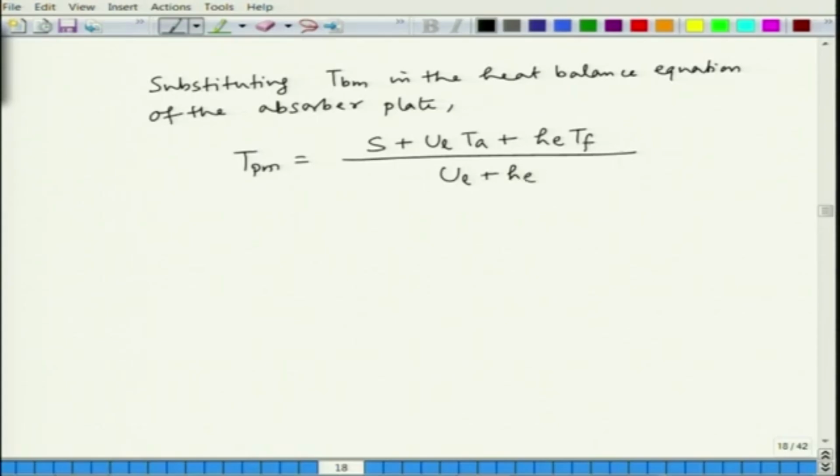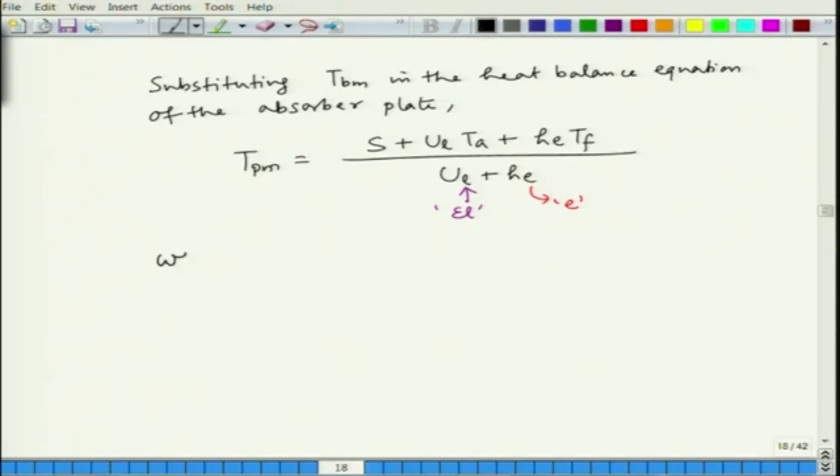So, maybe my handwriting is not that clear. This is L, okay, and this one is E. You can do this algebra, but we need to specify what we mean by HE.